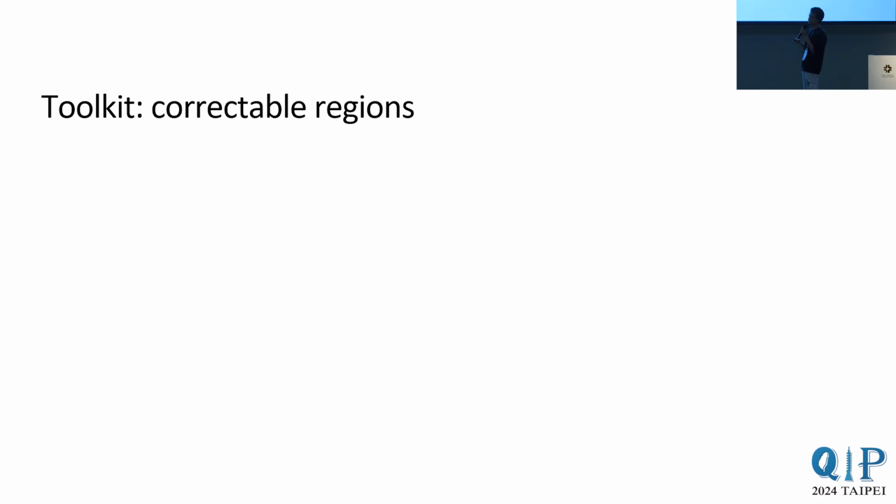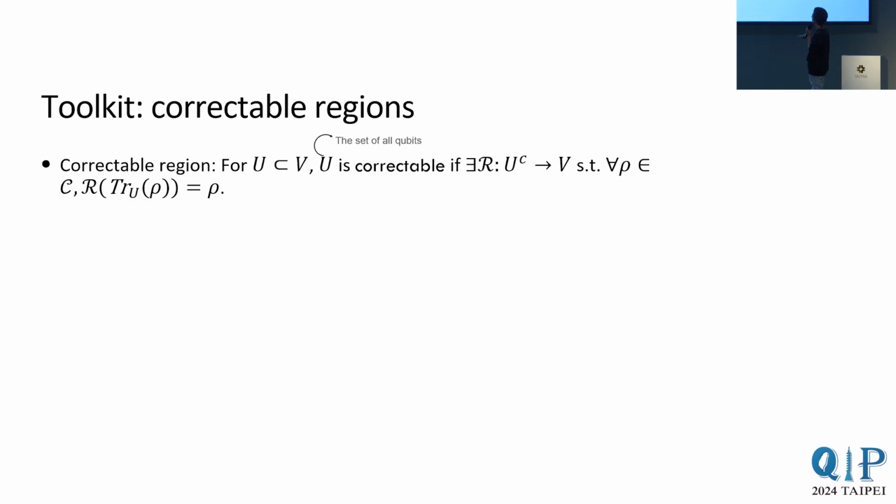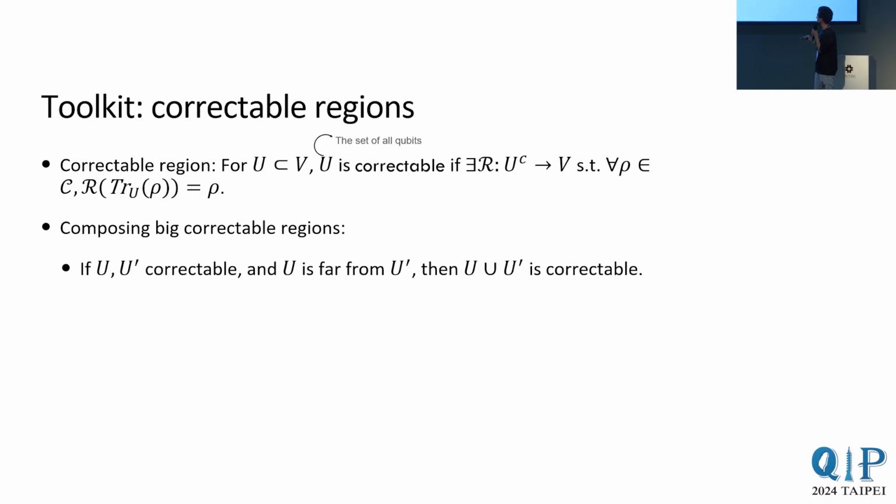Great, so to explain how these bounds work and how we can prove them, I'm going to introduce some tools. The first one is the idea of a correctable region. A correctable region is a set of qubits such that I can lose those qubits entirely, trace them out entirely, and I can still recover them. Something quite notable about those regions is that out of small correctable regions, I can compose bigger ones.